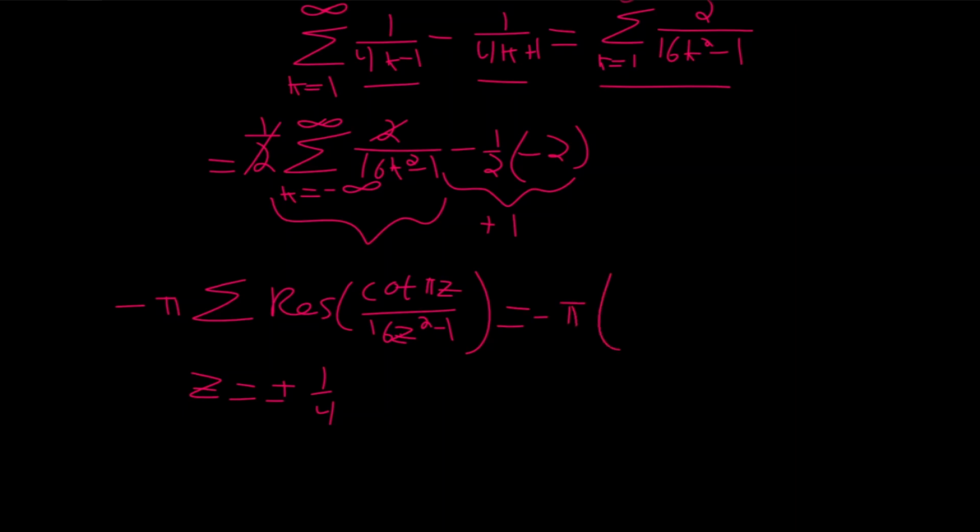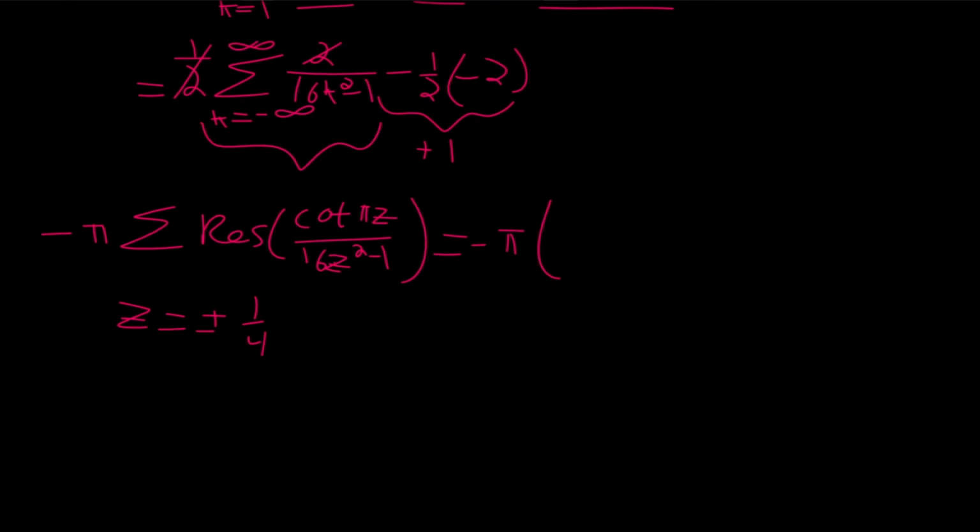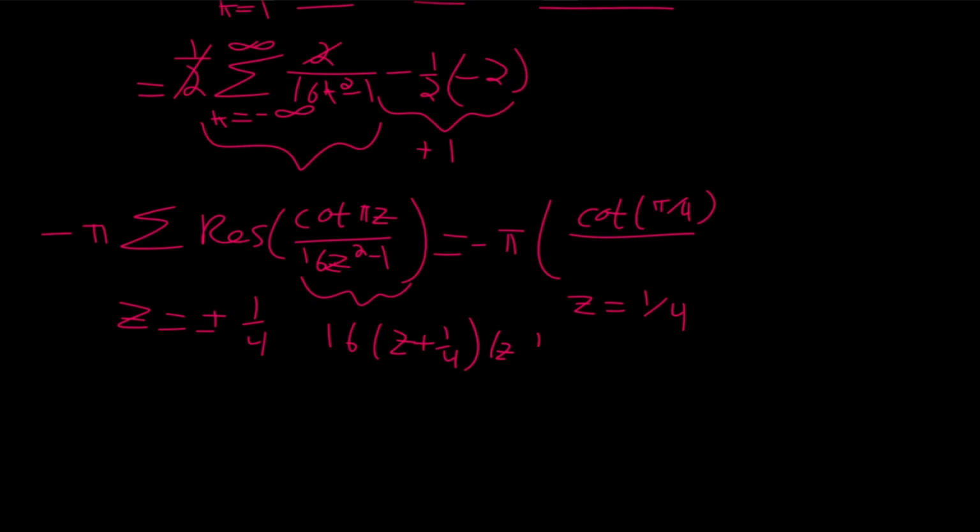What we're going to have is just, well, let's consider the pole z equals 1/4 first. This means that we're going to have cotangent of pi on 4, and then just divided by, well, since we can factor this right here into 16, and then times z plus 1/4, and then z minus 1/4. Since we can do that, the denominator here is just going to be 16, and then times, well, this right here is going to cancel.